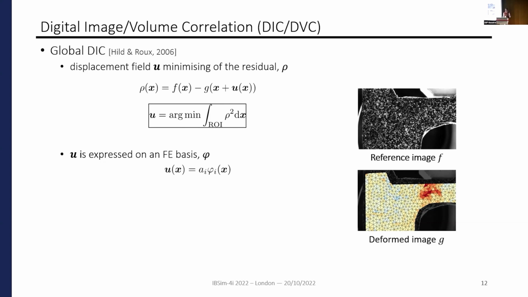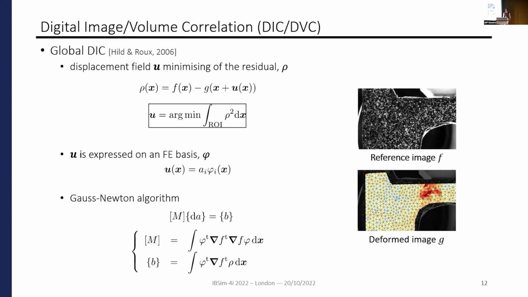And expressing the displacement field on a finite element basis, we can rewrite the problem as you have here. As it is nonlinear, we perform the minimization using a Gauss-Newton algorithm, which is just solving this equation at each iteration.